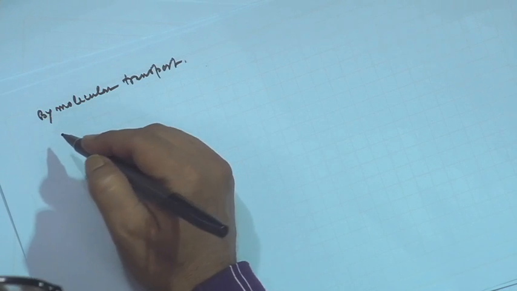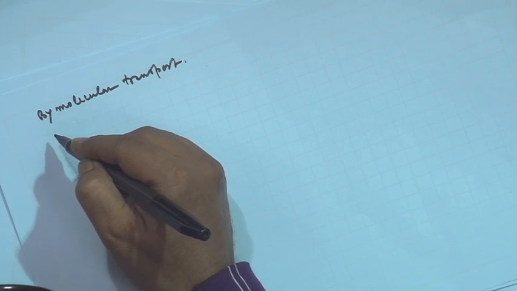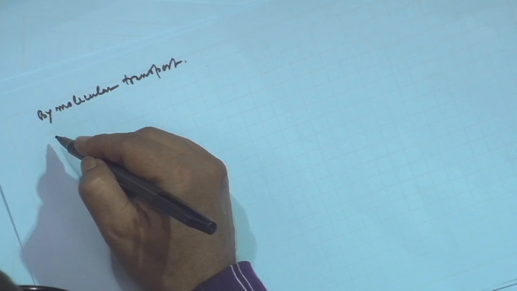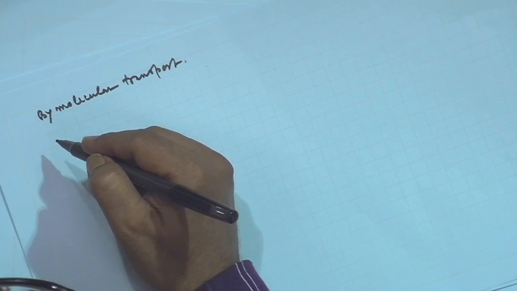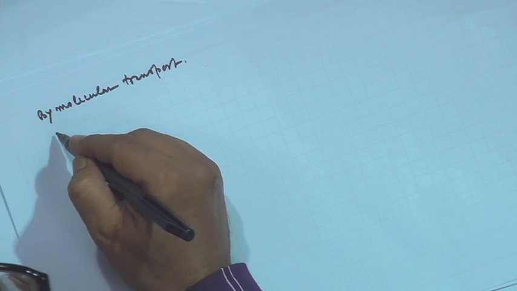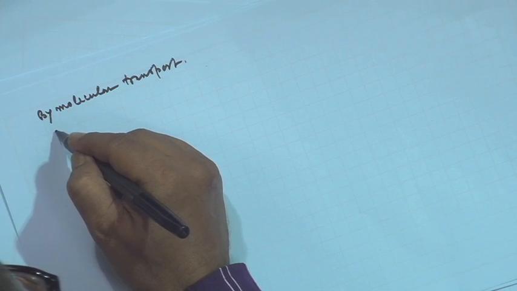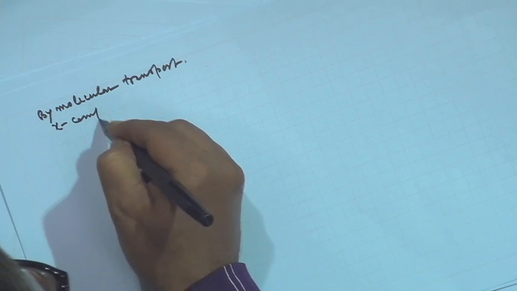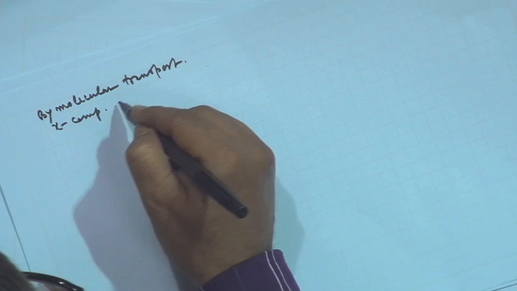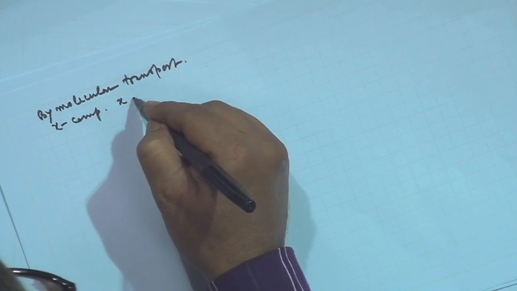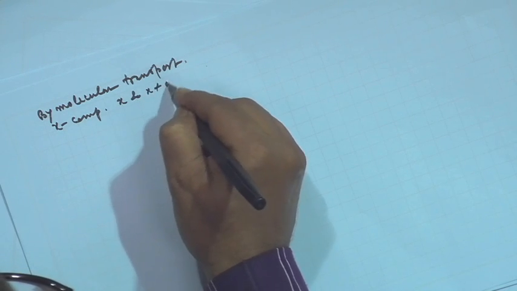So, if we look at it by molecular transport, in a similar way, how can you write the rate of x component of momentum on the faces x and x plus delta x?